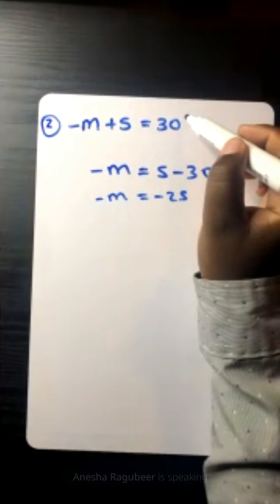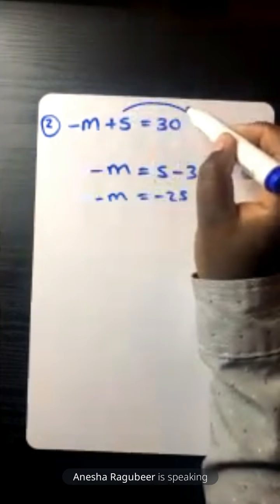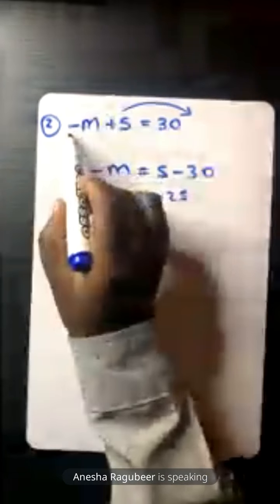When you transpose, you are simply moving it to the other side of the equal sign.